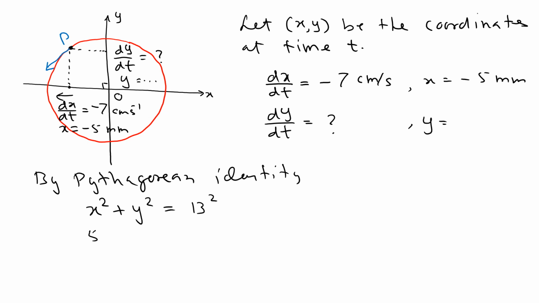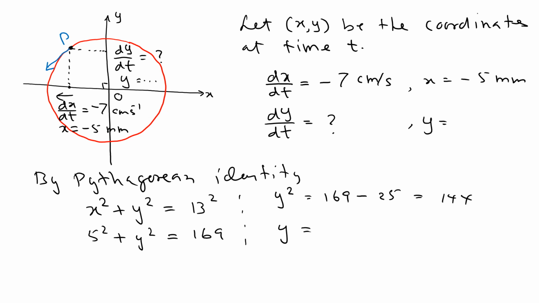So it is 5 squared plus y squared equals 169, and then we can solve for y. So y squared equals 169 minus 25, which is 144. So that means y equals plus or minus 12.